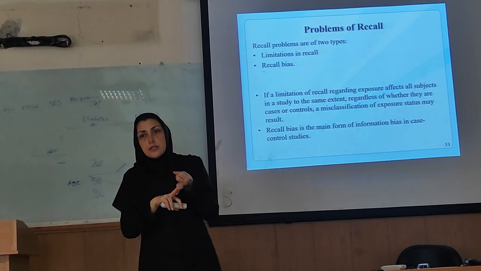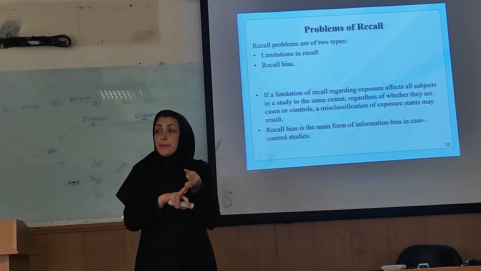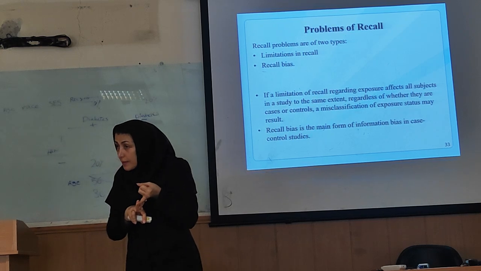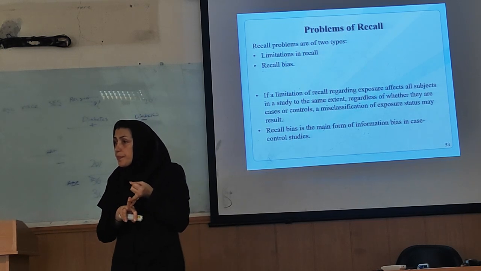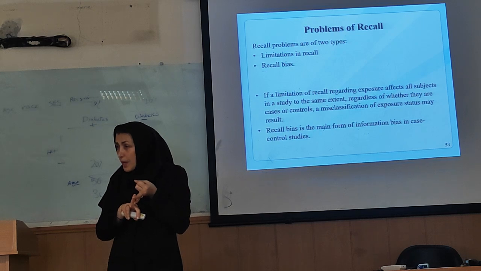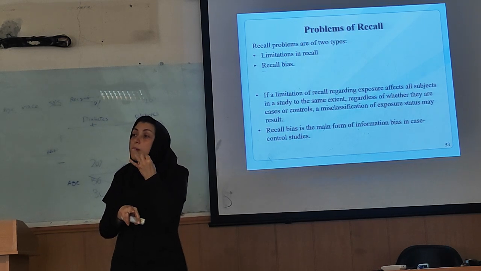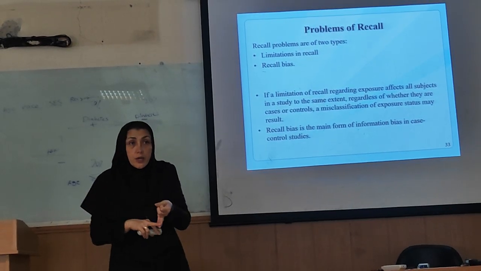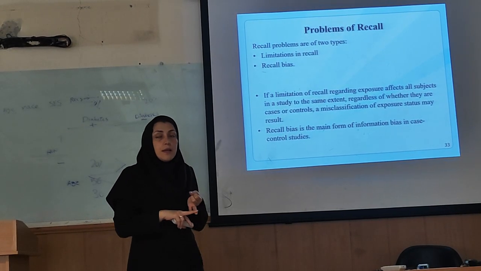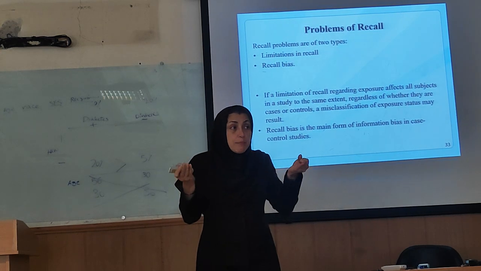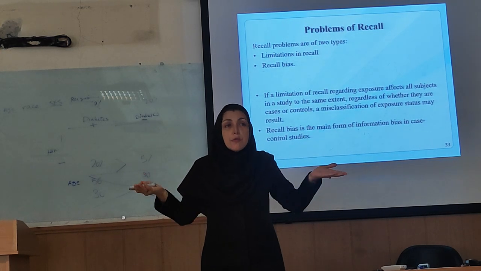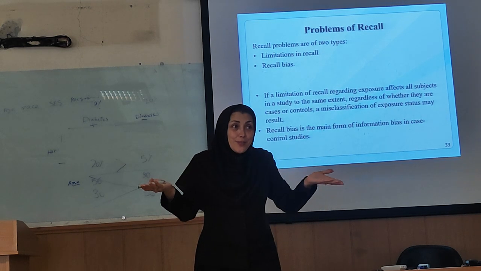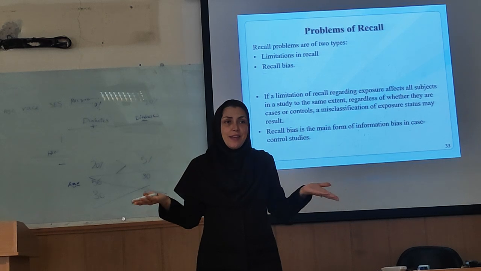What is the problem of overmatching? The first one is time consuming, and the second one is making two groups that are so similar to each other that we cannot find anything.